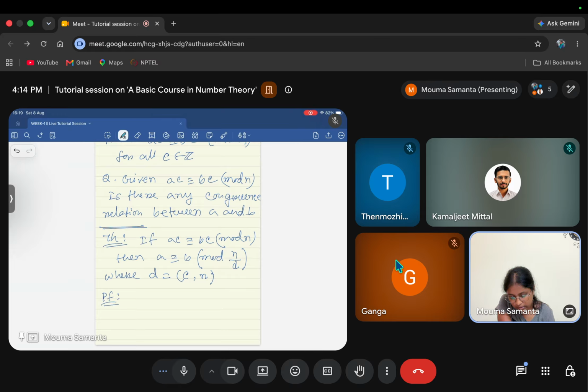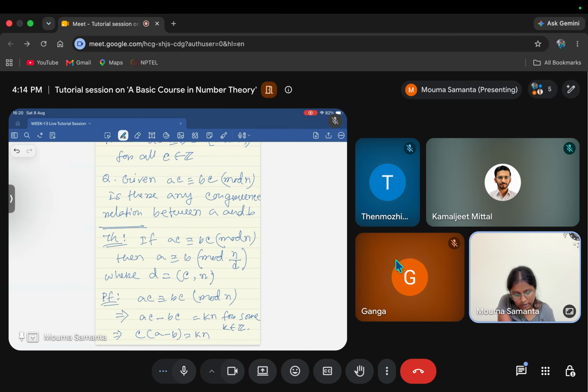So this given condition is ac congruent to bc mod n. By definition, what does it imply? This implies ac minus bc equals kn for some k belongs to Z, and this implies c times (a minus b) equals kn.